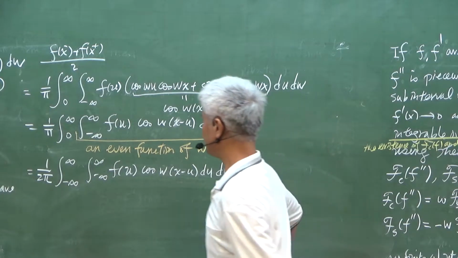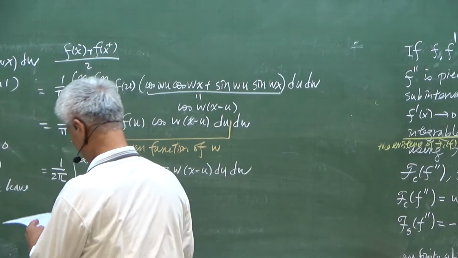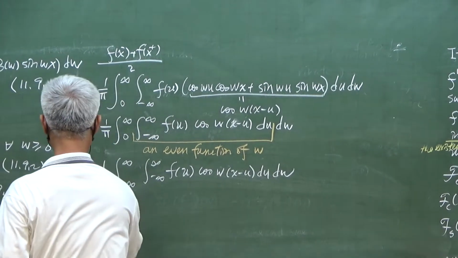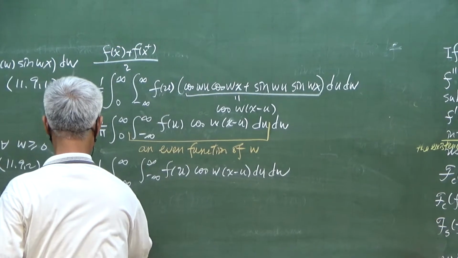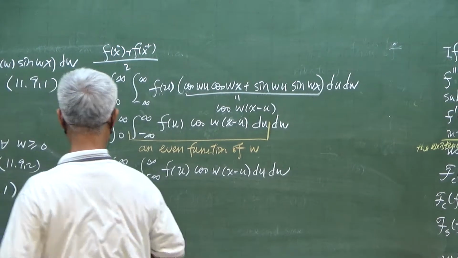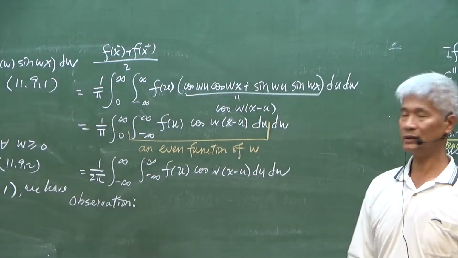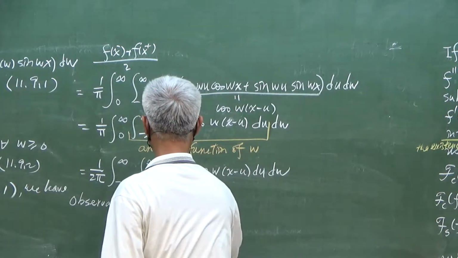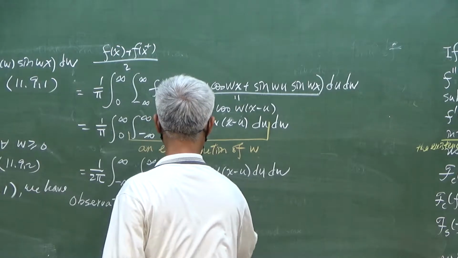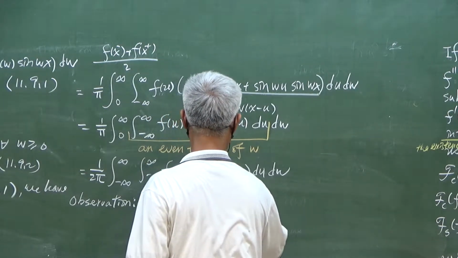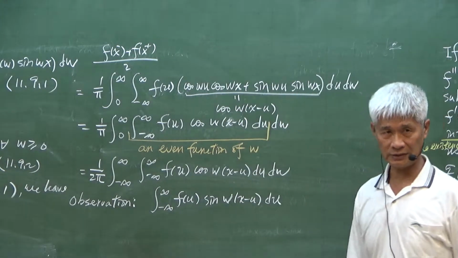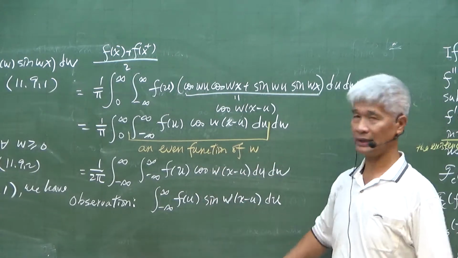All right, now, so an observation from that prompts us to an observation that if we consider the sine function, okay, we replace the cosine with sine.